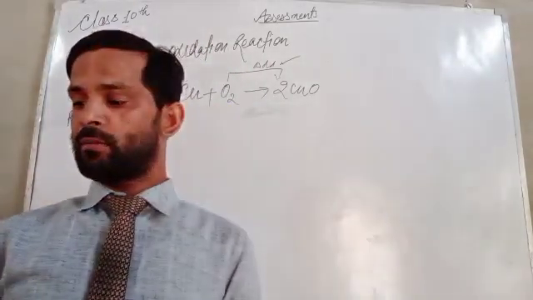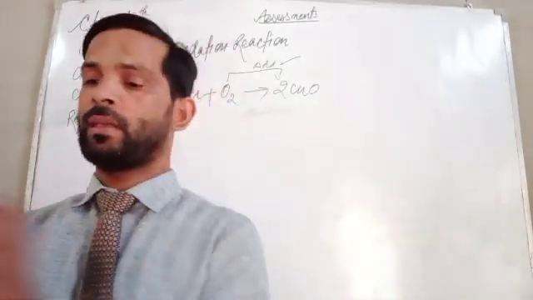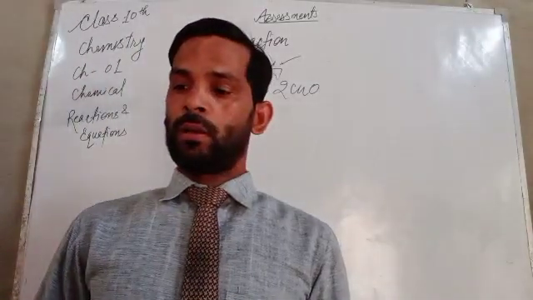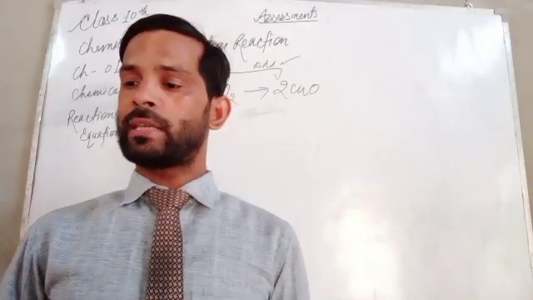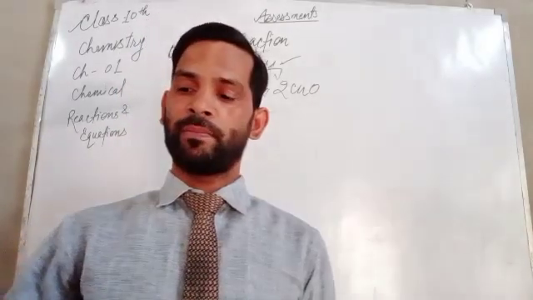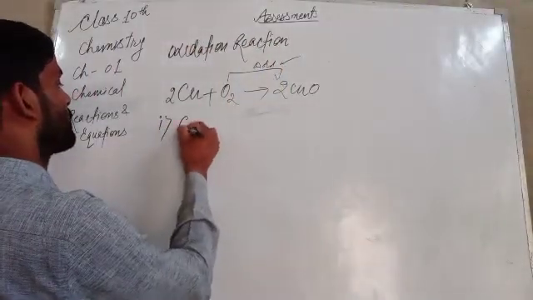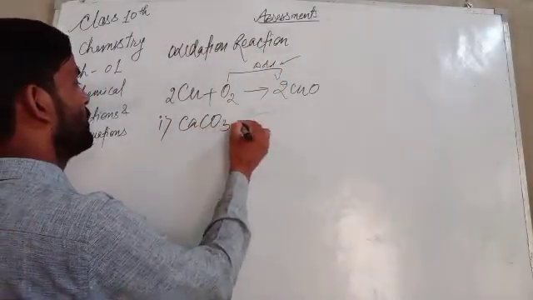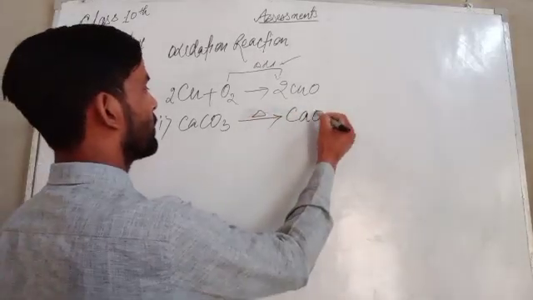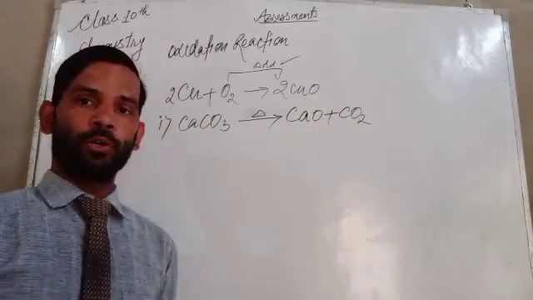And now here are some questions on which we have to study, like: classify each of the following reactions as combination, decomposition, displacement or double displacement reactions. The first one is given as CaCO3, which when heated is converted to CaO plus CO2.